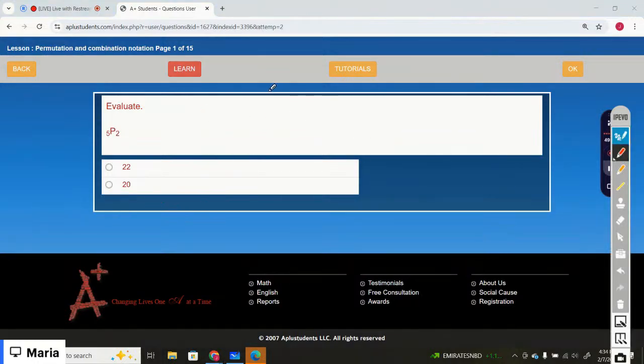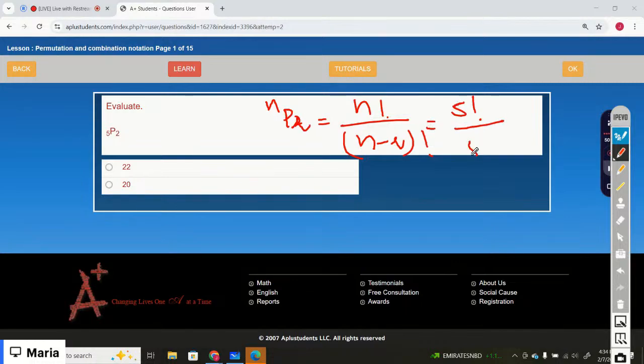So the formula to evaluate the permutations is nPr, n factorial divided by n minus r factorial. So that is 5 factorial divided by 5 minus 2 factorial.